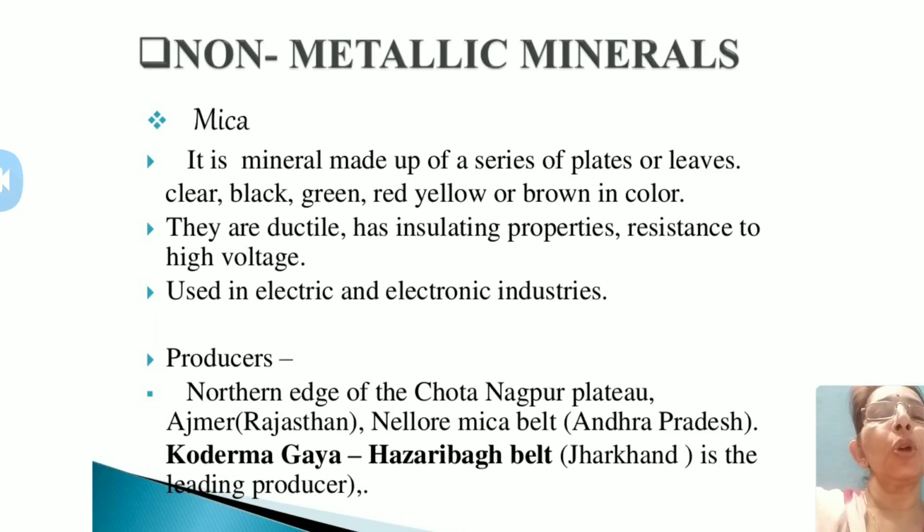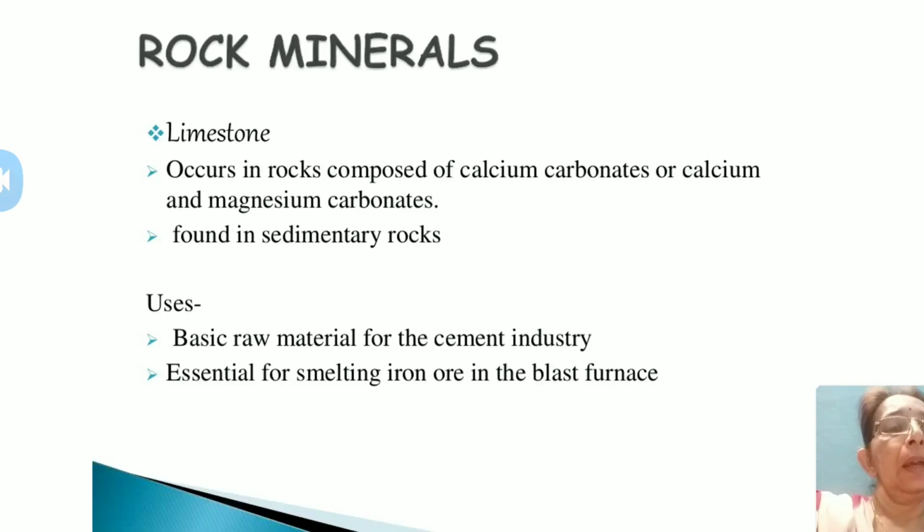The main producers of mica are Chota Nagpur Plateau, Ajmer, Nellore mica belt in Andhra Pradesh, and Gaya-Hazaribagh belt in Jharkhand. Rock minerals: limestone occurs in rocks composed of calcium carbonate and magnesium, majorly found in sedimentary rocks. Limestone is the raw material for the cement industry.